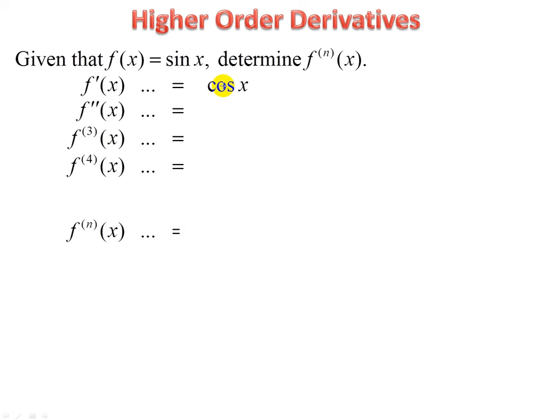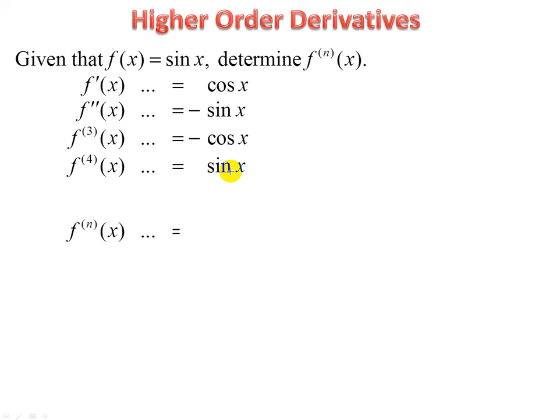Derivative of cos is minus sine. Derivative of sine is cos, and we must keep in mind the negative's already there, so therefore negative cos. Derivative of cos is negative sine, and there's already a negative, so two negatives make a positive sine. Now here's the pattern. Cos, minus sine, minus cos, sine.